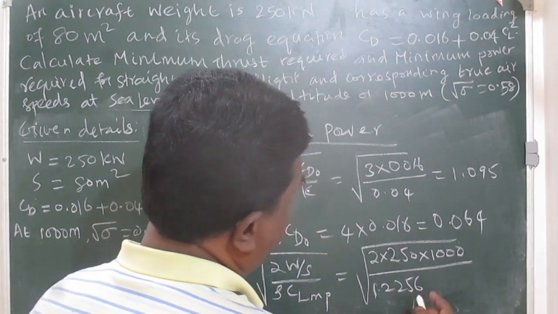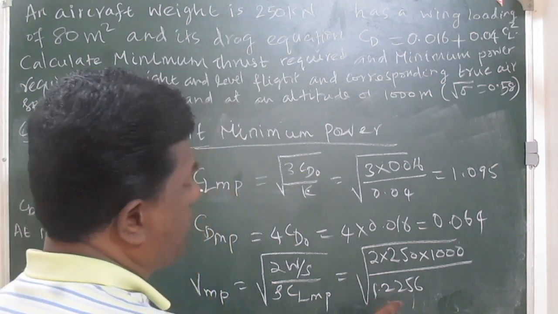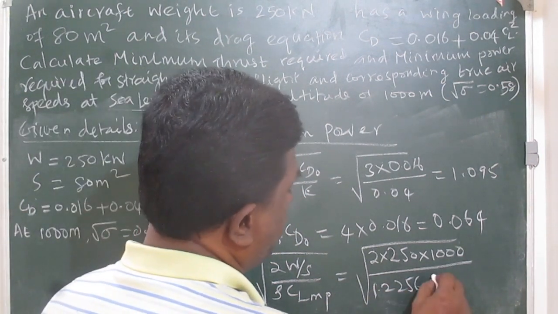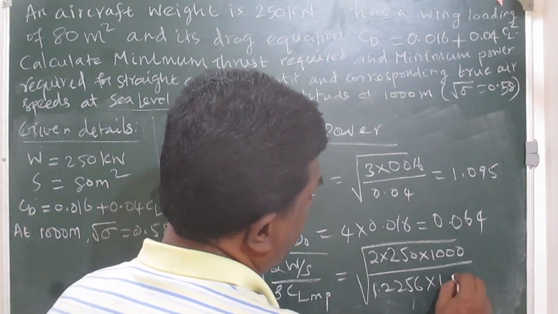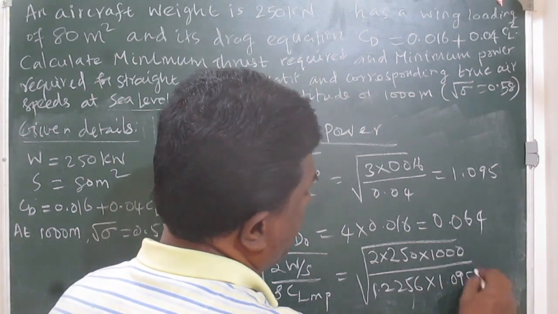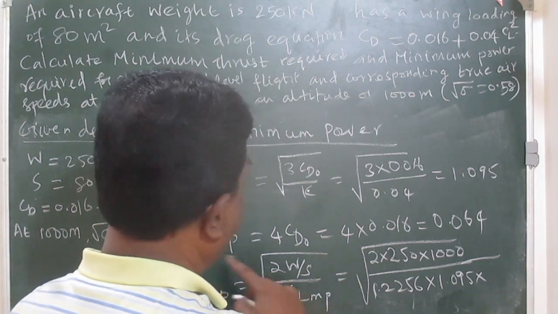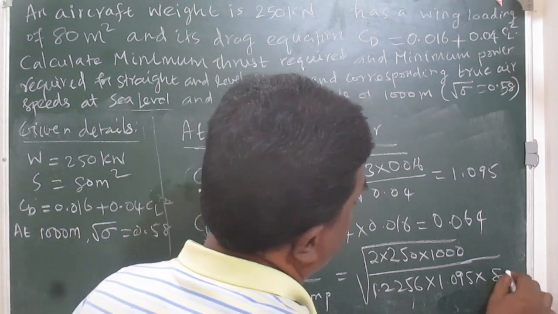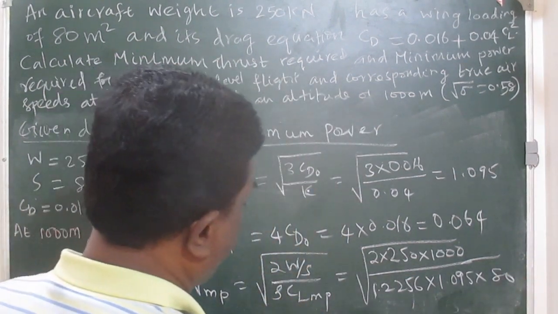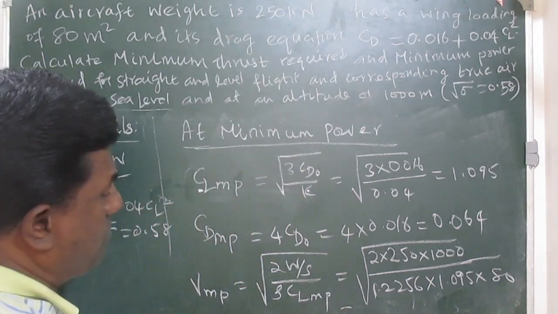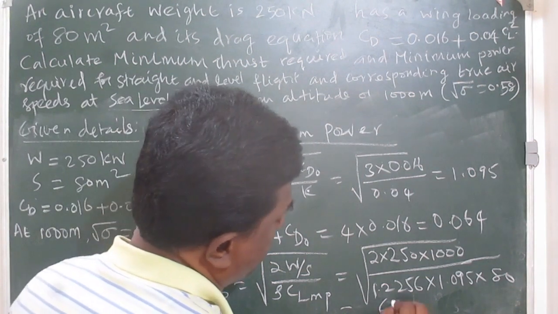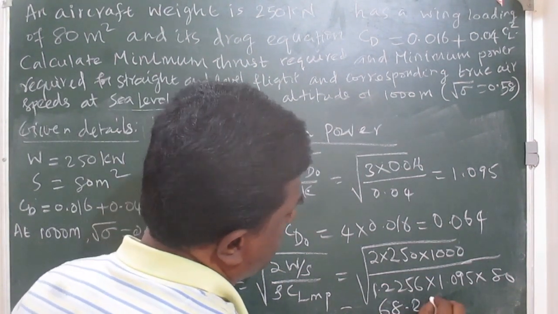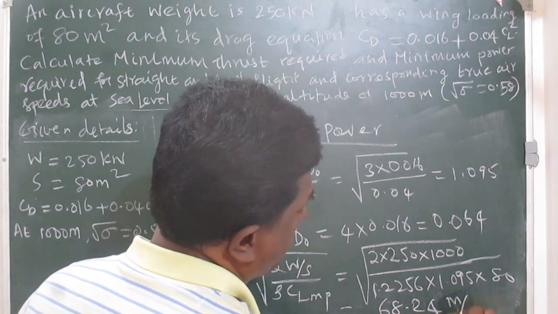If the value is given, you can take it, otherwise I am taking the standard sea level value. Into CL minimum power, 1.095, then the wing area, 80. After doing the calculation, velocity at minimum power is 68.24 meter per second.